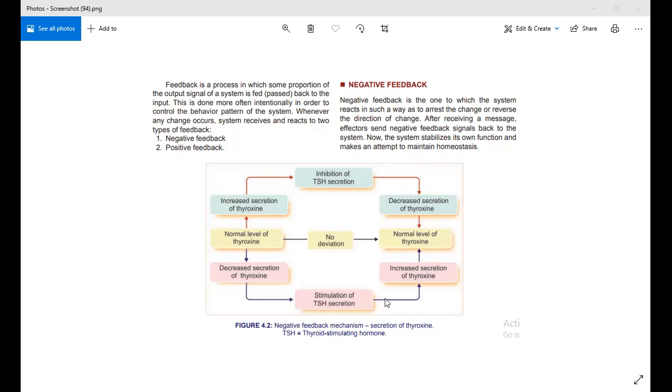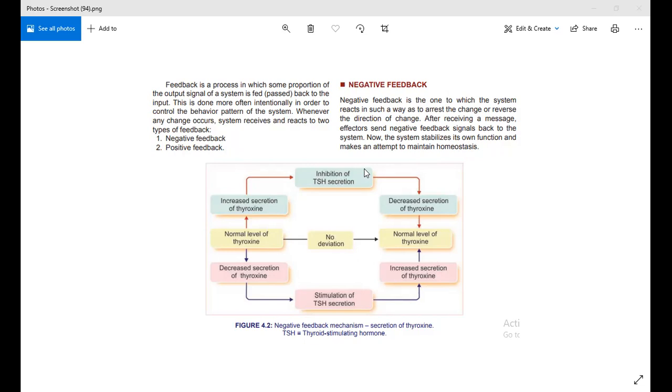Anytime I have high thyroxine, I must inhibit thyroid stimulating hormone, because if I don't inhibit thyroid stimulating hormone, more and more thyroxine will be produced, which could be dangerous at the end of the day.